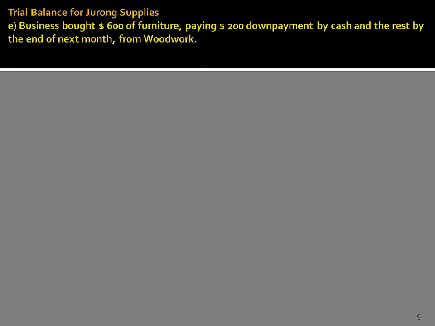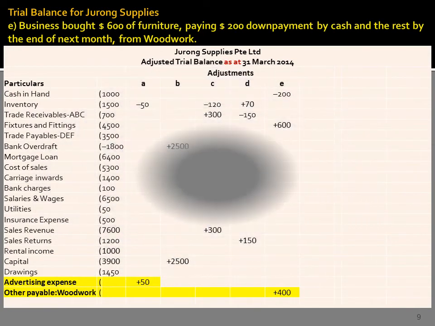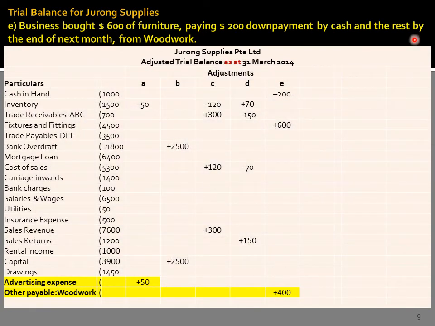Next, the business bought furniture. One of the effects will be the furniture account or the fixtures and fittings as given in the question. We can see cash in hand account as well as a payable to woodwork. For adjustment E, the cash in hand account would decrease by $200.